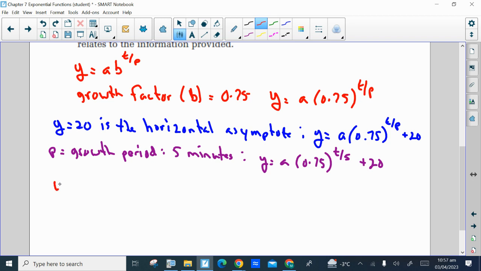So using the point 0, 100, we can say that 100 equals a times 0.75 to the power 0 over 5 plus 20. So now we can solve for a.